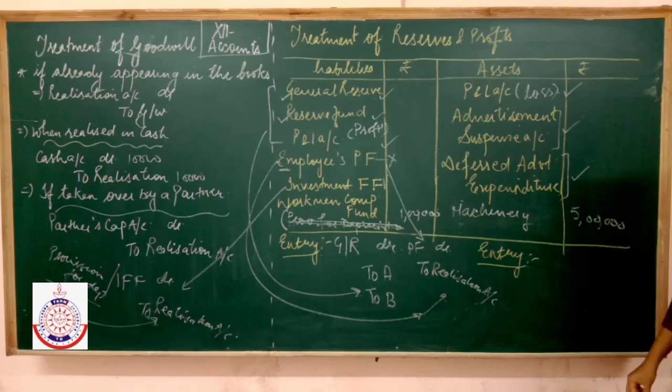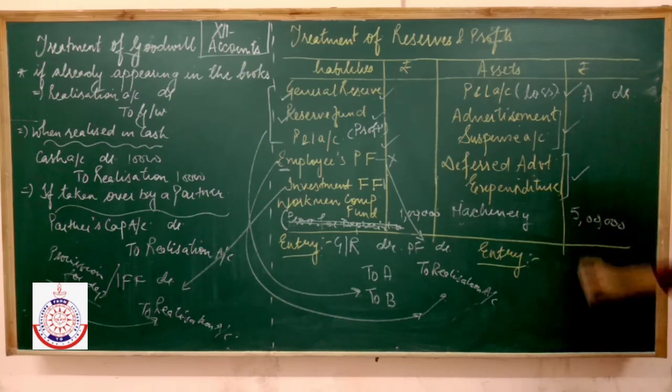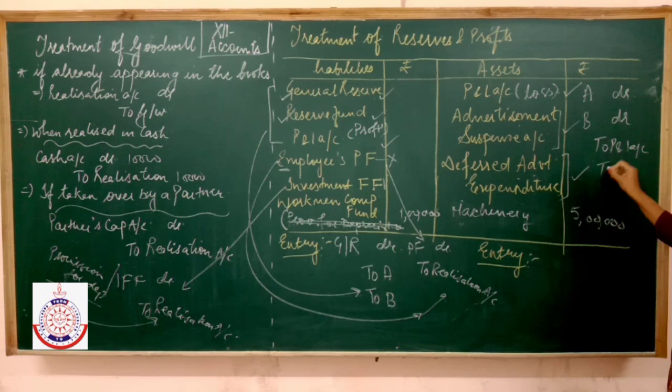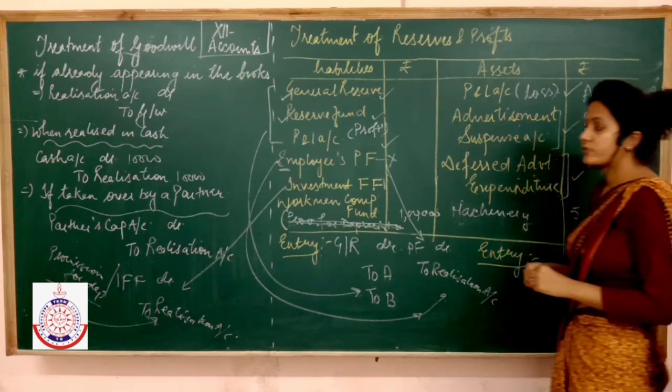Let's say there are two partners. So the entry will be A's capital account debit, B's capital account debit, to profit and loss account, to advertisement suspense account. This way you have to pass the entries. I hope the concept of the treatment of reserves and profits is clear to you.